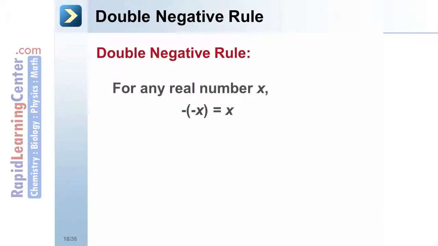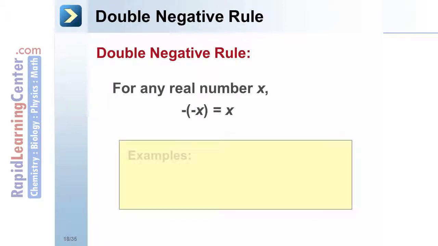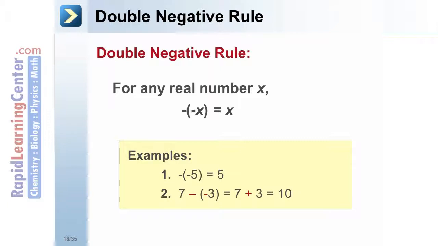For any real number x, negative negative x equals x. Example 1. Negative negative 5 equals 5. Example 2. 7 minus negative 3 equals 7 plus 3, which equals 10.